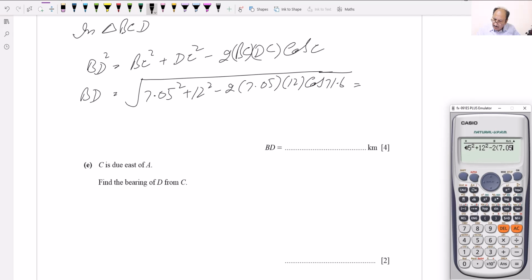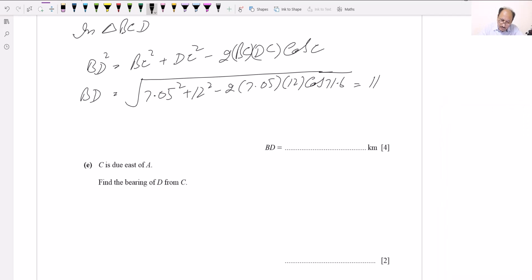This is equal to 11.84 kilometers, so we can round it to approximately 11.8 kilometers, and 11.8 kilometers will be the final answer for 4 marks.